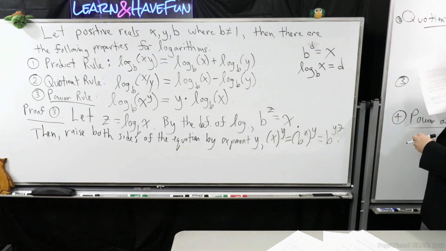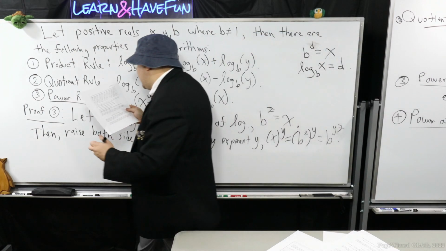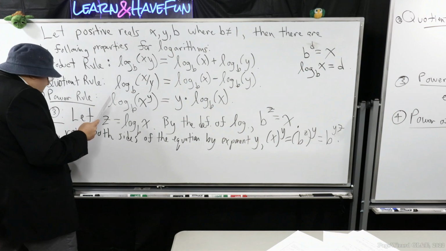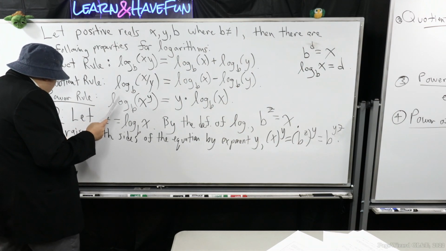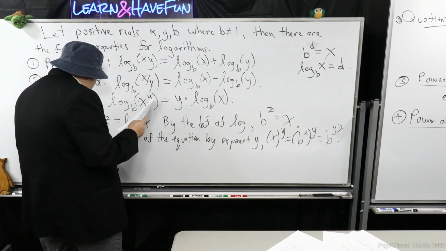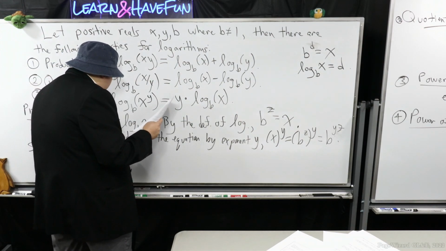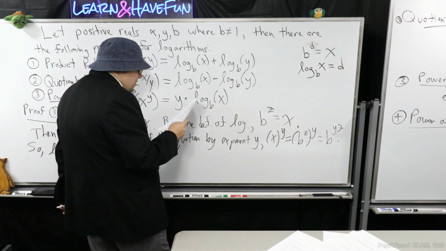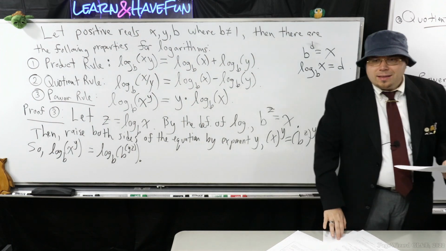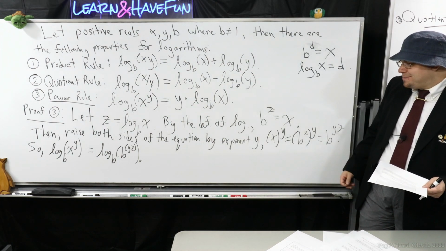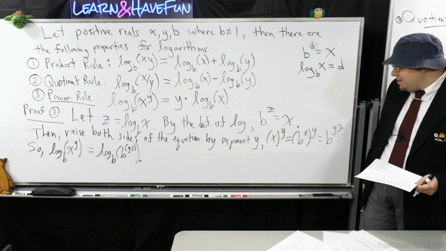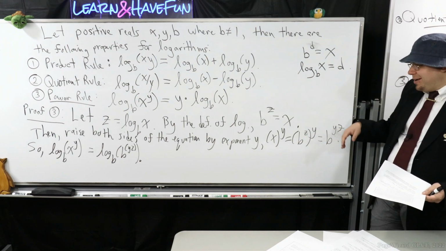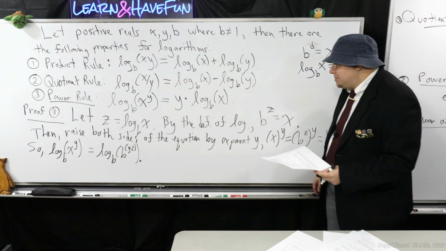So that means log base b of x to the power of y is equal to log base b of b to the yz, right? That's a consequence of this, because x to the y is equal to b to the yz. So if I look at it in terms of logarithms, they should be equal.